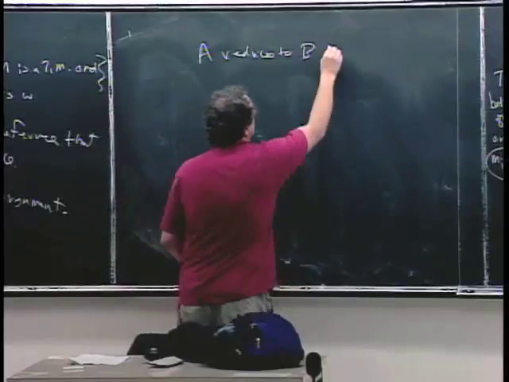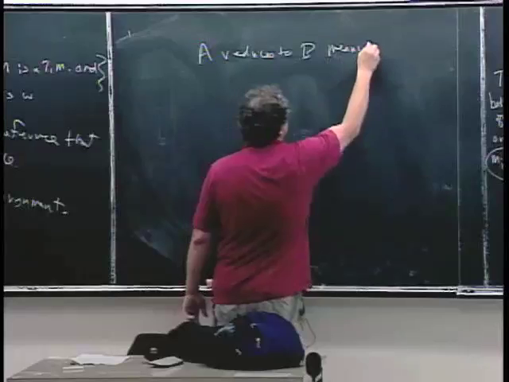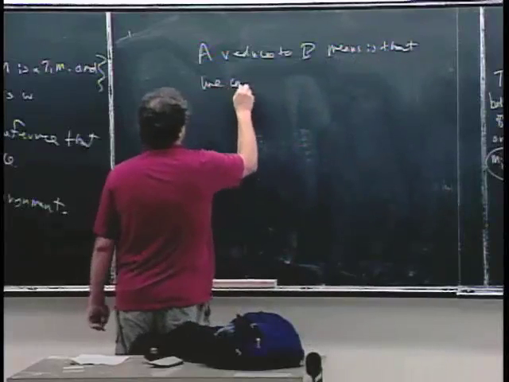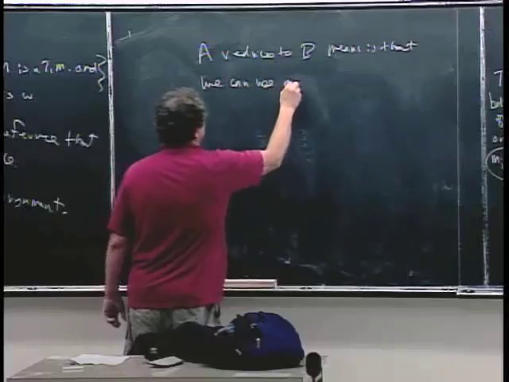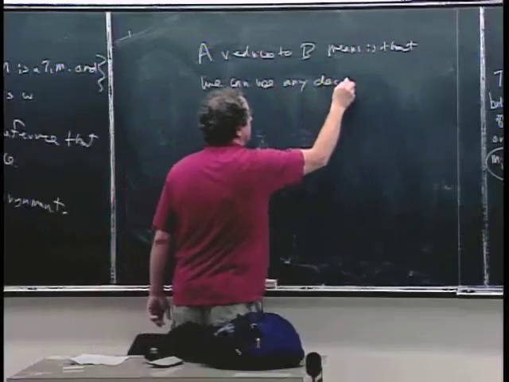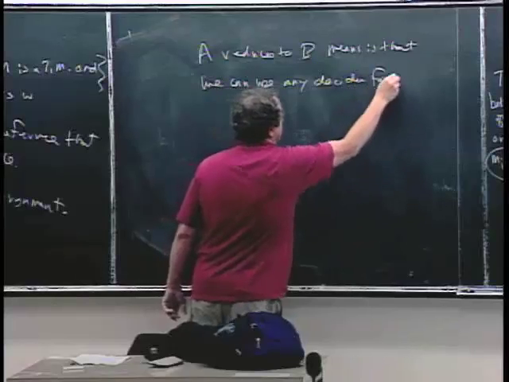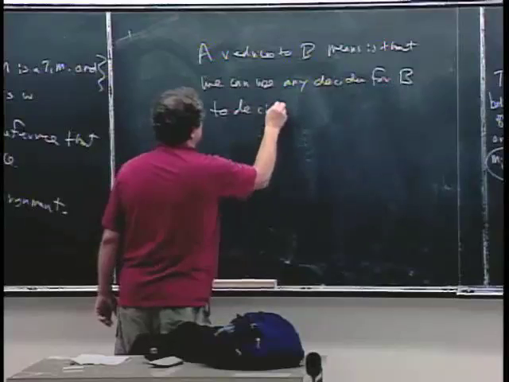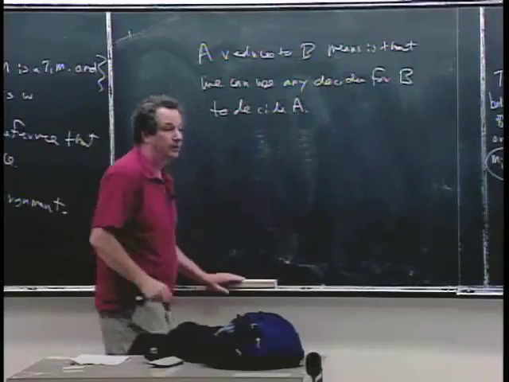What that means is that we can use any decider for B to decide A. Okay?